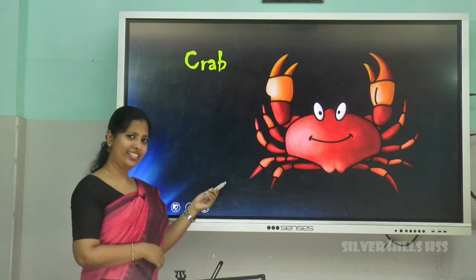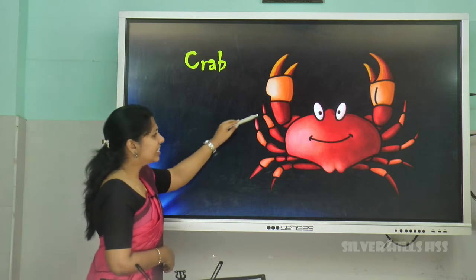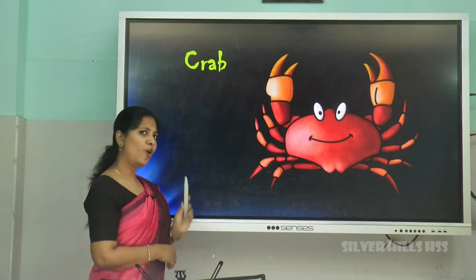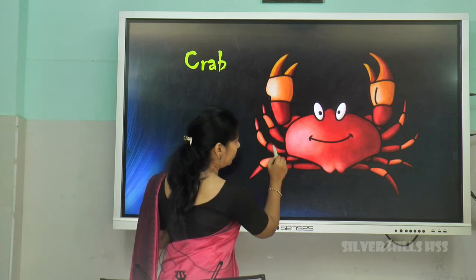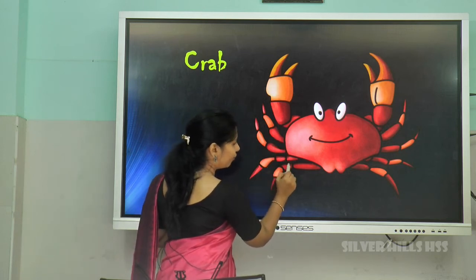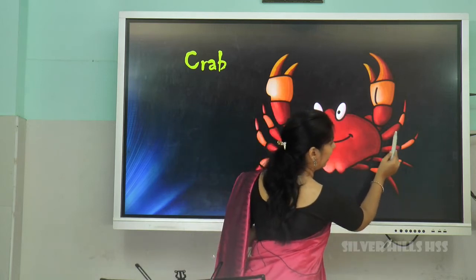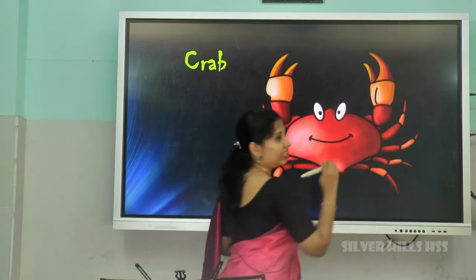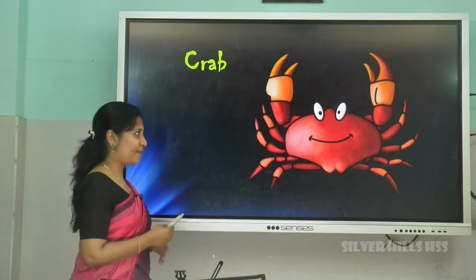What is this? Yeah, it's a crab. You can see some legs for this, right? How many legs are there? Let's count. 1, 2, 3, 4, 5, then 6, 7, 8, 9, 10. So, 10 legs for the crab.